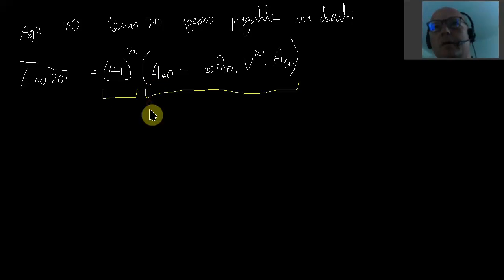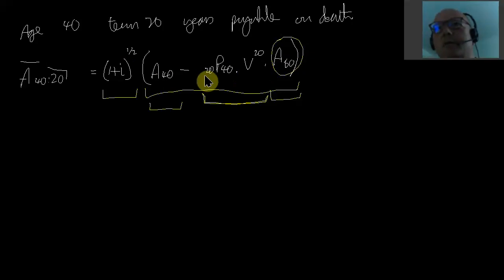Remember that that is a whole of life assurance payable to someone aged 60. That is a whole of life assurance, someone aged 40. That is a whole of life assurance payable to someone aged 60. And this, which appears in both the assurance and the annuity function exactly the same, discounts this 60 20 years into the future, because we don't just net off the price of an assurance payable to a 60-year-old.